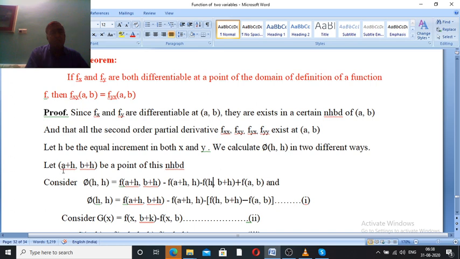Let (a+h, b+h) be a point of this neighborhood. Consider phi(h, h) equal to f(a+h, b+h) minus f(a+h, b) minus f(a, b+h) plus f(a, b).